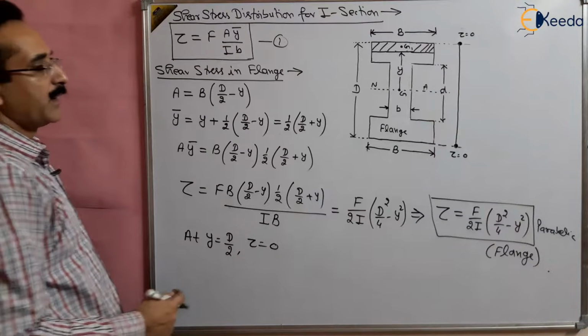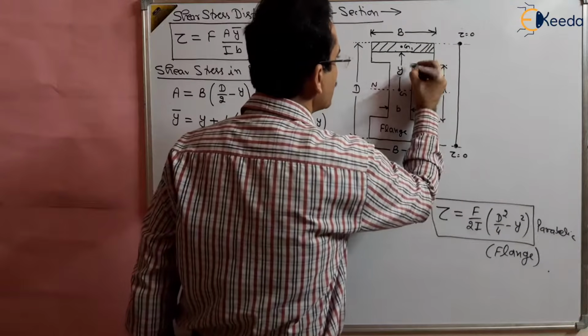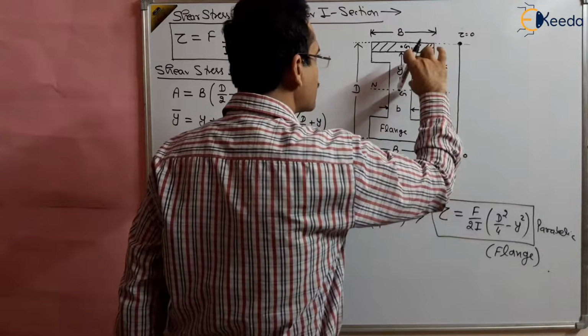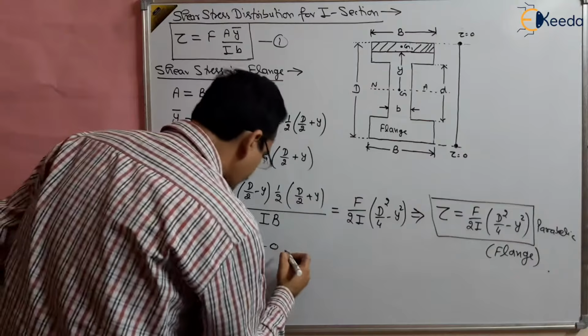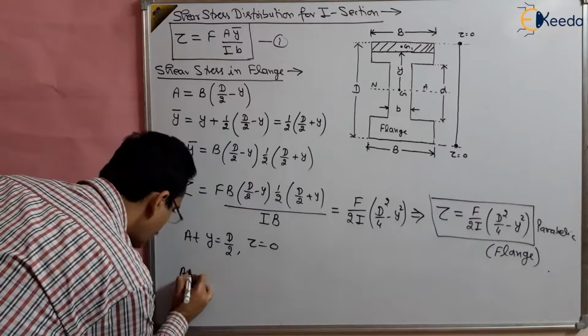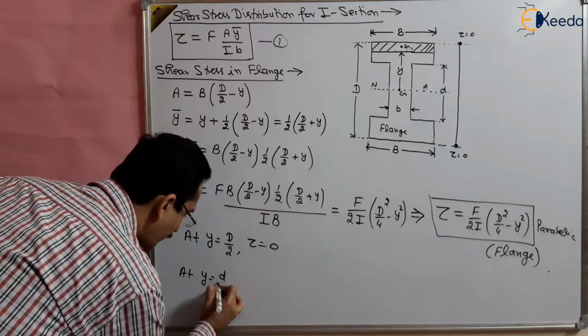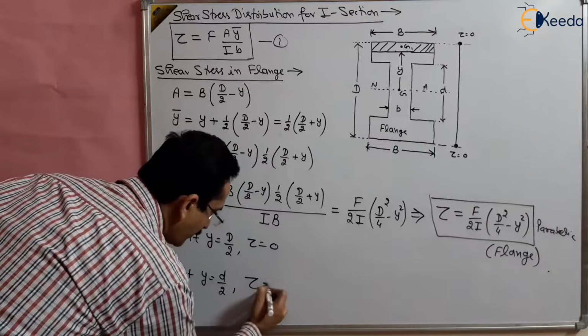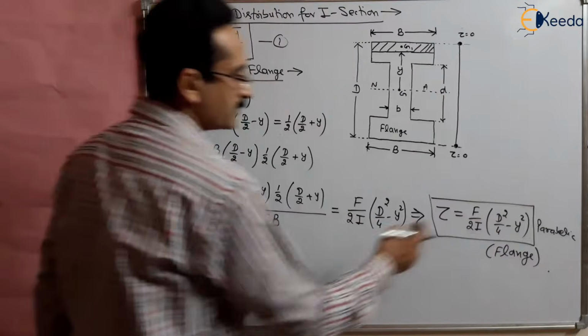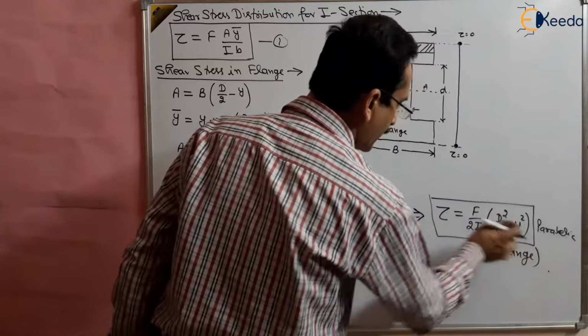And at y equal to small d by 2, the extreme edge of the flange, tau will be equal to this value, putting small d by 2 here.